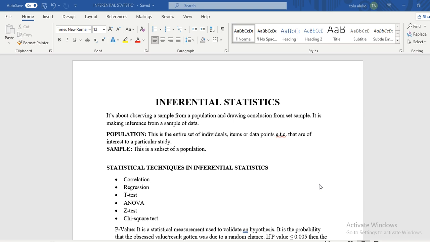Of course, we call something statistics, and here we have inferential statistics, something you can use on Excel. We have mathematical functions there. We have statistical functions on Excel.